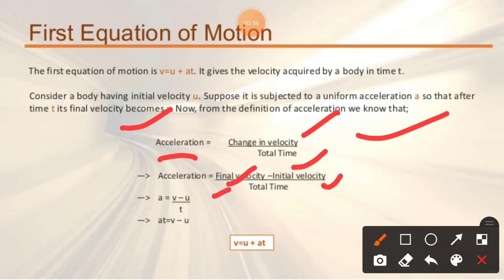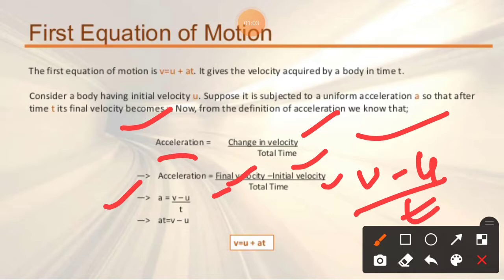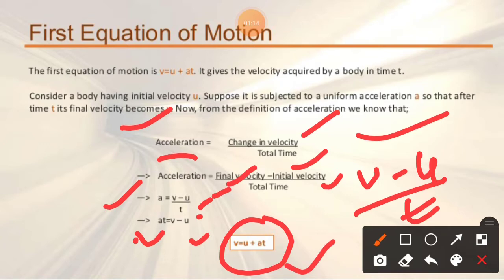Final velocity is v, initial velocity is u, and time is t. So a = (v - u)/t, so at = v - u. Rearranging, we get v = u + at. This is the first equation of motion.